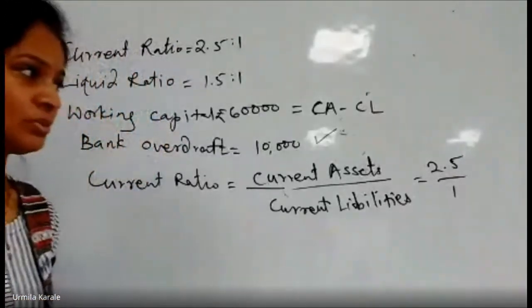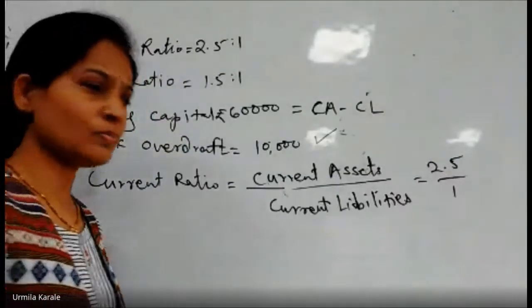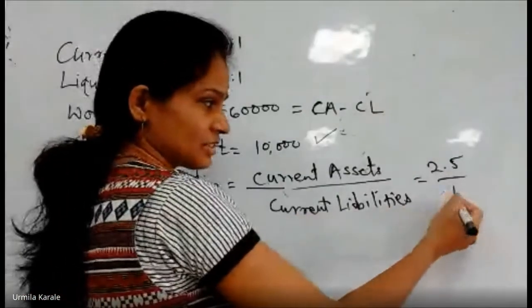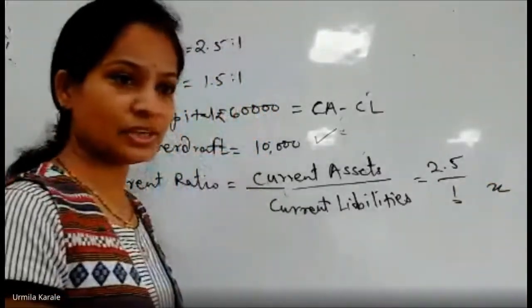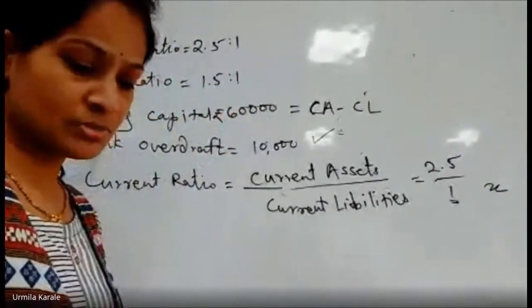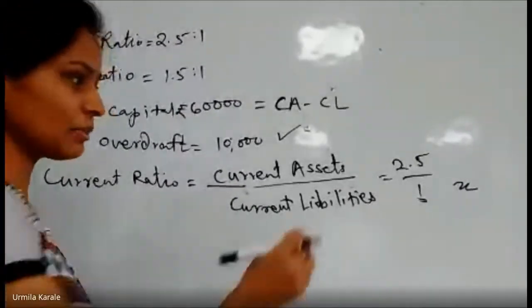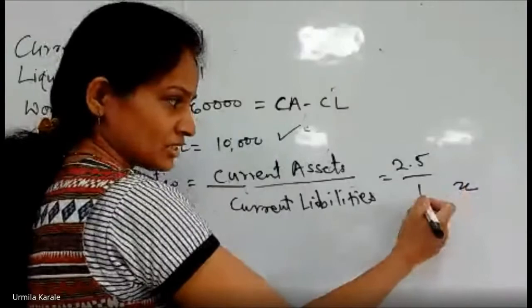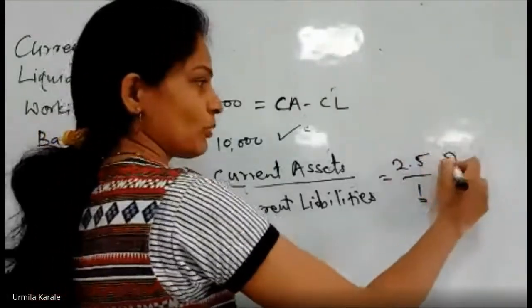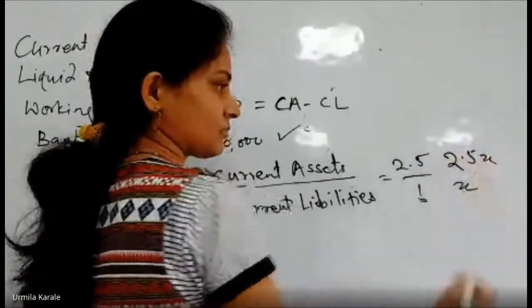Now in the same manner, we'll consider this is 1. If you consider this as x, now we are trying to solve the sum. So to the current liability we are considering x. Now if this is x, this is 1, then this is 2.5x.